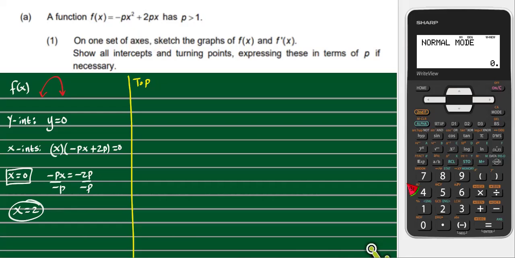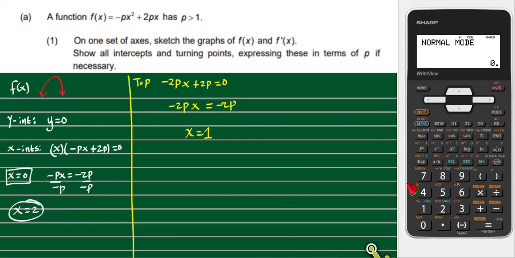I'm deriving that, so it's going to be minus 2px plus 2p. We equate that to 0, then we solve for x. So we get minus 2px equals minus 2p. You divide by minus 2p, x equals 1.